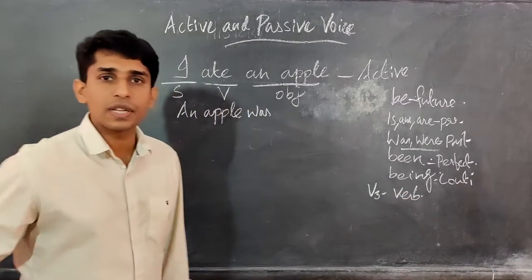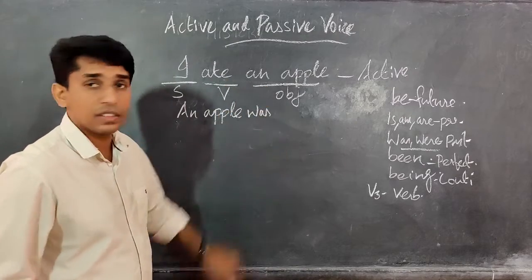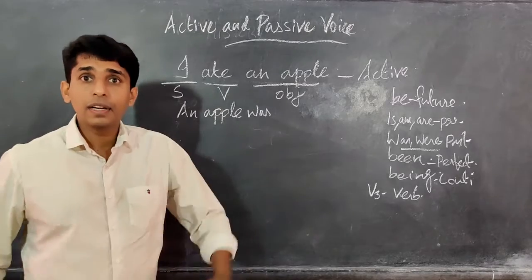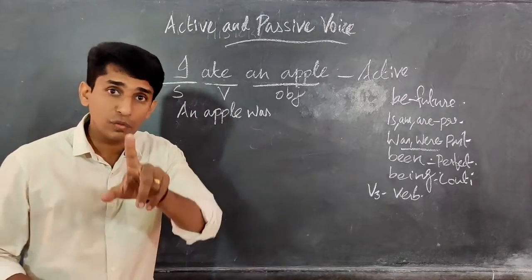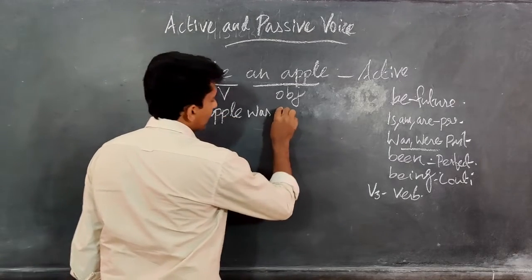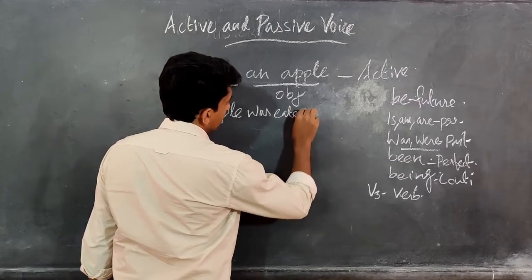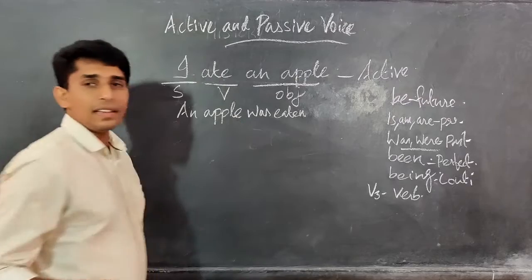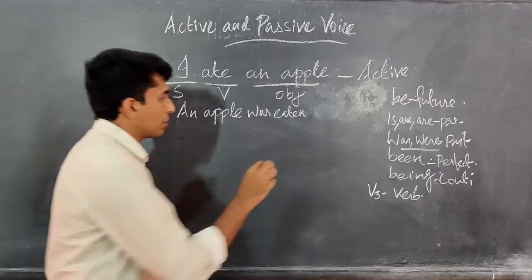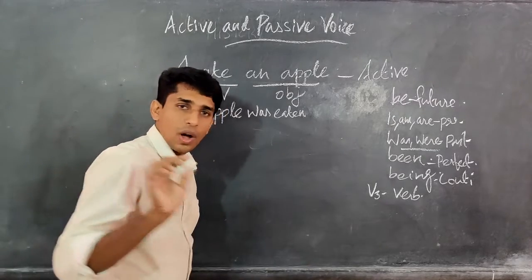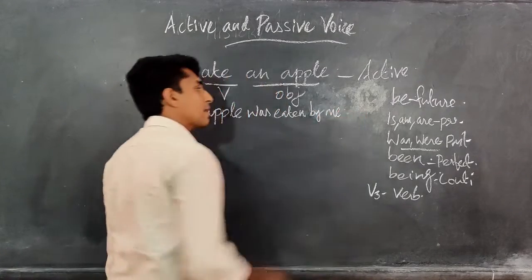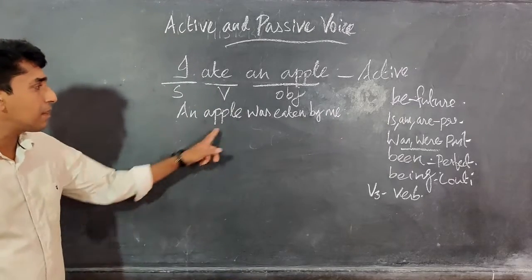In all passive sentences, the verb should be in V3 form. V3 form means ate, eaten; drink, drank, drunk. An apple was eaten. Then I is not correct as object. I is the subject form. The object form is me. Before writing who has done, we have to use by. An apple was eaten by me. This is the passive form.